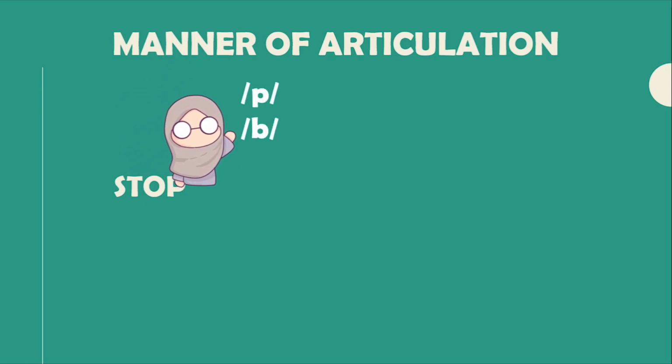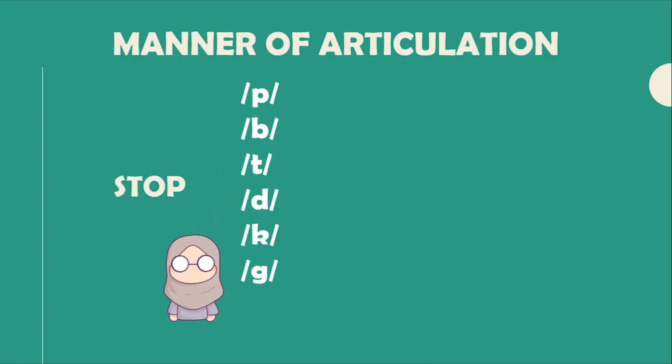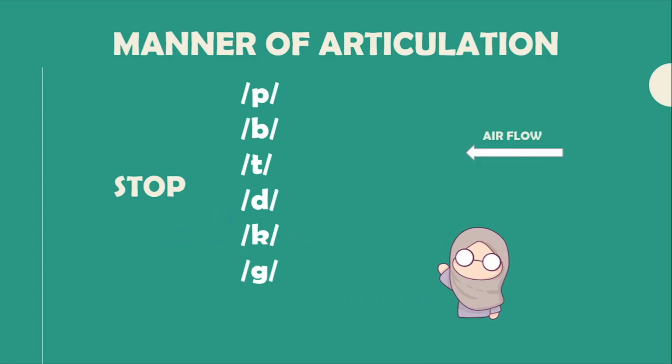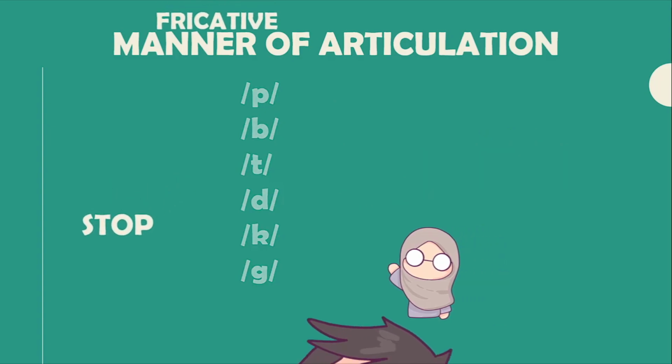In particular, we're looking at the consonant. Stop consonants occur when the vocal tract is closed completely and then the air quickly builds up pressure behind the articulators and is released in a burst.